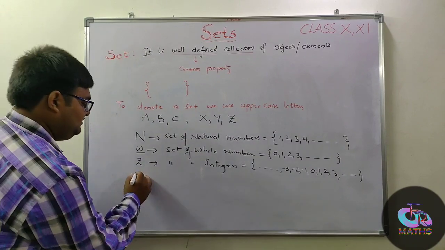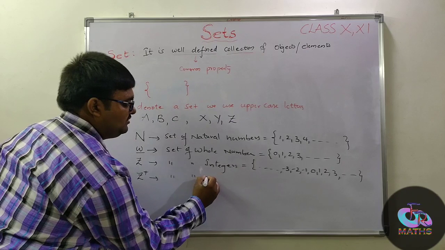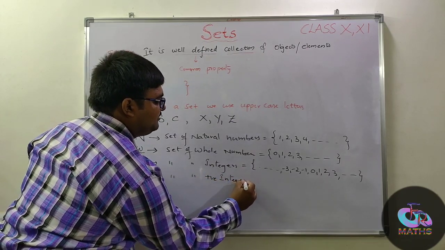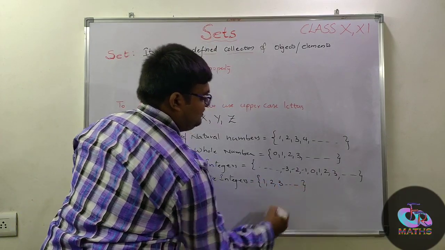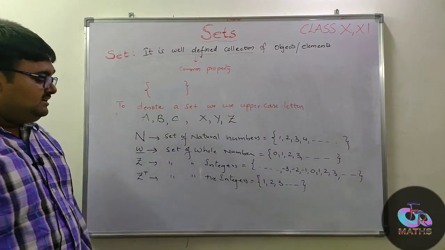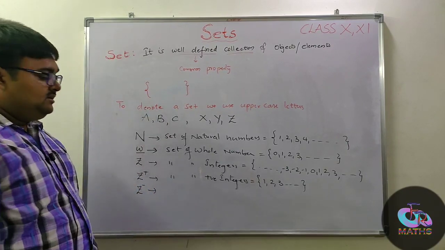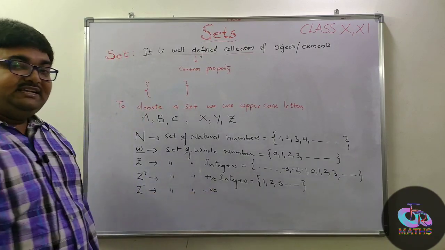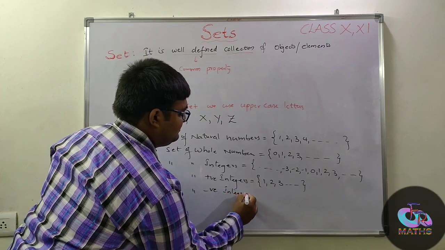In the same way, Z plus represents the set of positive integers, which are nothing but the natural numbers. The same way, negative integers are represented by Z minus.